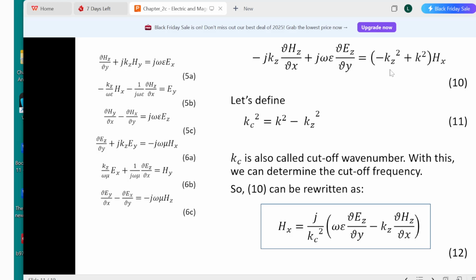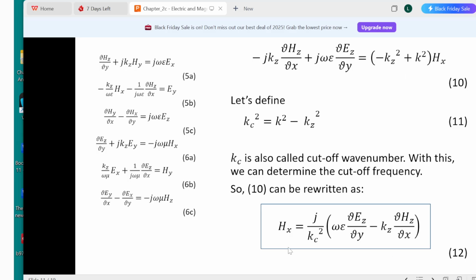And we get this. And now, let's define a propagation constant, a wave number known as the cutoff wave number, and this is equal to k squared minus k_z squared. So literally, this term, we are going to replace with k_z squared.